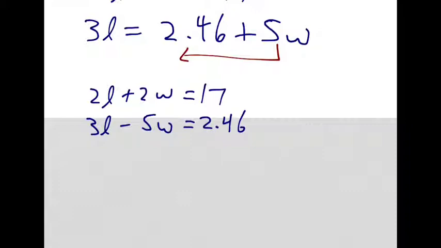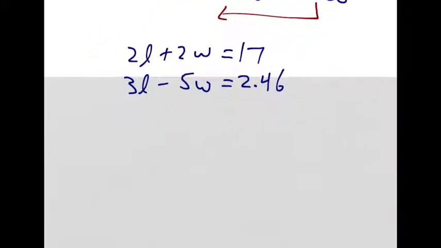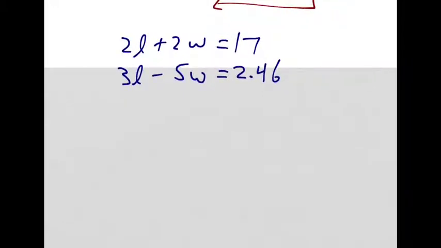Which variable do we eliminate, L or W? That's a tricky question, because you can't just double one equation or triple the other. How can you manipulate these two equations so that your coefficients match? Times the first one by 3 and the second one by 2. Excellent.